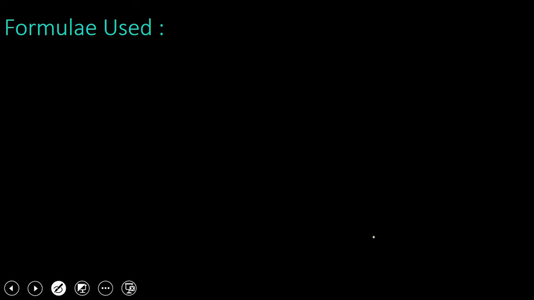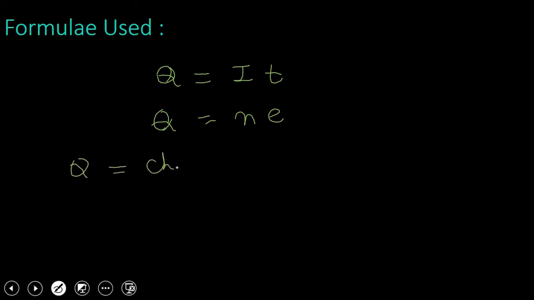Now we will discuss all the formulas we will use for solving the numericals. So first formula we have discussed, that was Q is equal to I into T. And the second formula was Q is equal to N into E, where Q is the charge, I is the current.